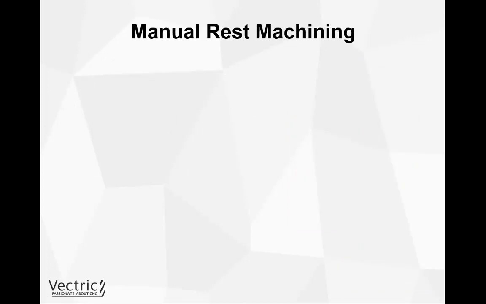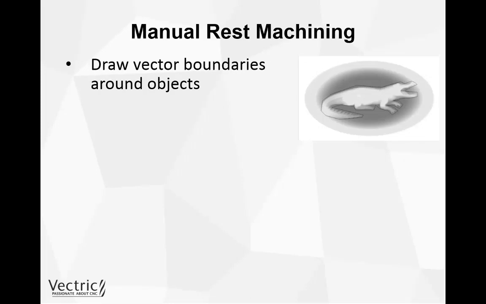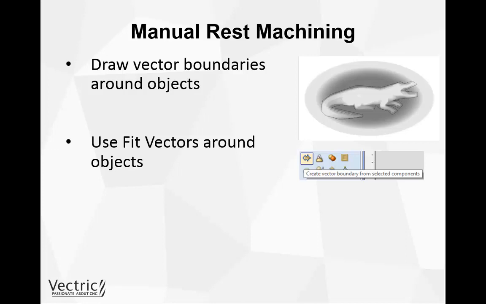Secondly is manual REST machining. So this is where we go ahead and draw vector boundaries around objects that would require a smaller tool, and then we would machine the rest with a larger tool. We also have this option within the software, which is where we can use the fit vectors around the selected objects tool. So that will automatically create a vector for us around the 3D object that we selected from the component tree.